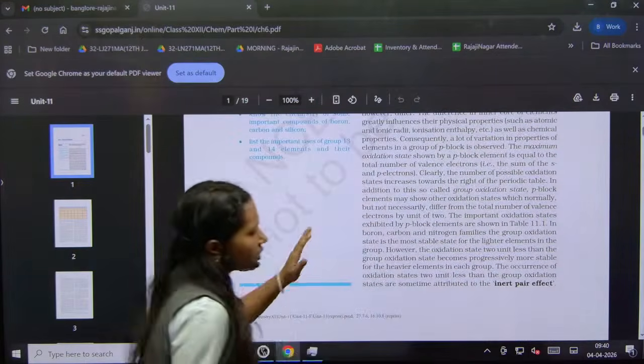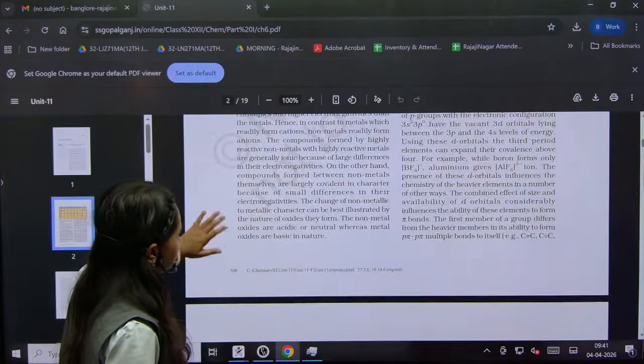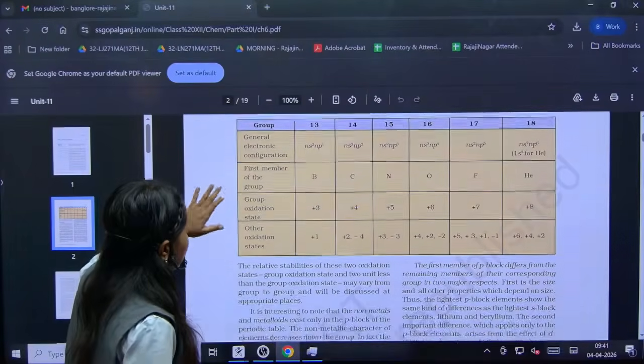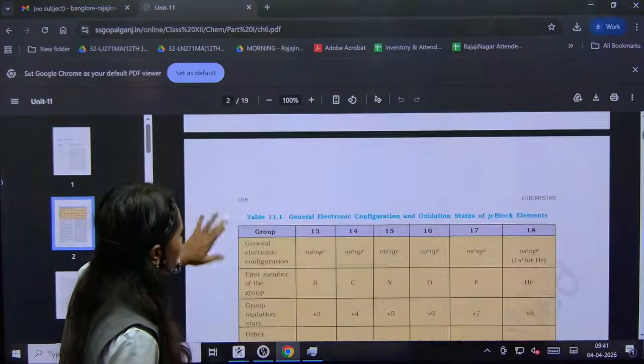Okay, so this is the NCERT. Boron family.